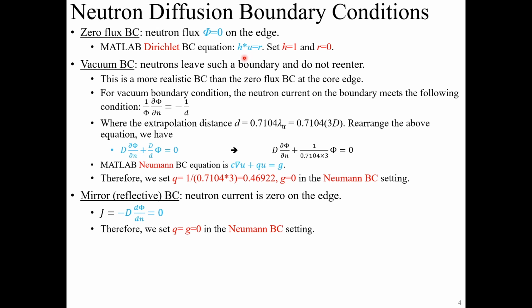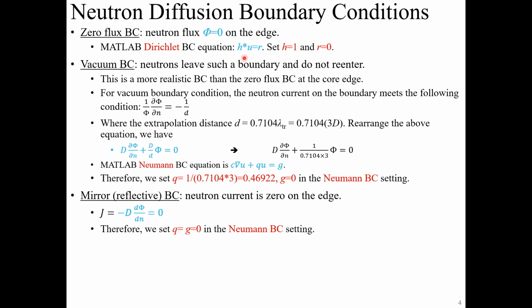So this vacuum boundary condition is a more realistic boundary condition than the zero flux boundary condition at the core edge, because realistically at the core boundary, the neutron flux is not zero. It's low, but not zero.